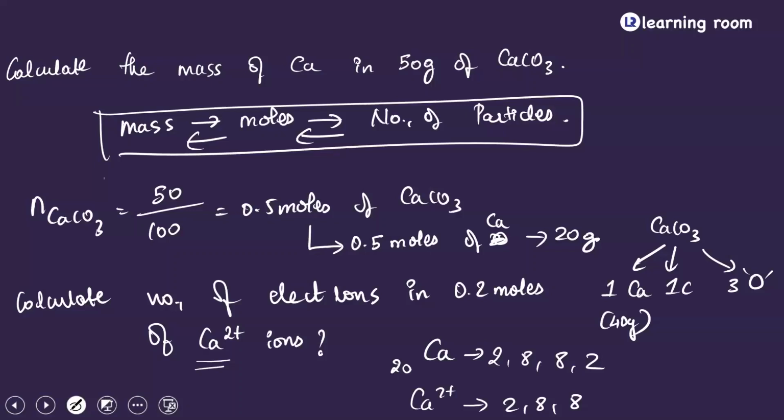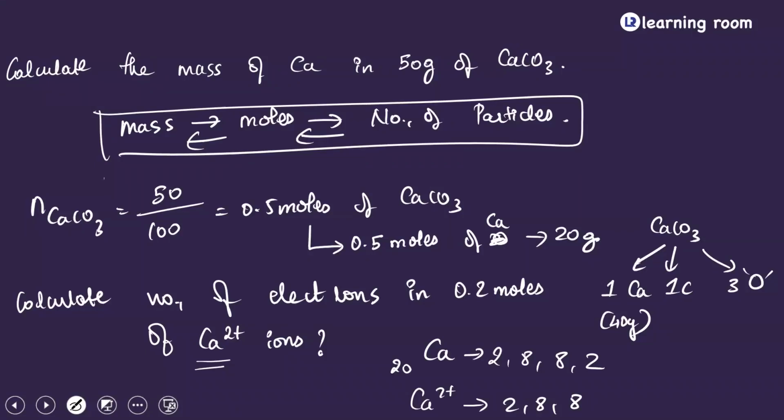If you look at the notes, you will not be able to say it. Just look at the question and try to explain. They are asking you the number of electrons in 0.2 moles of calcium ion. What is the first thing that you have to know?